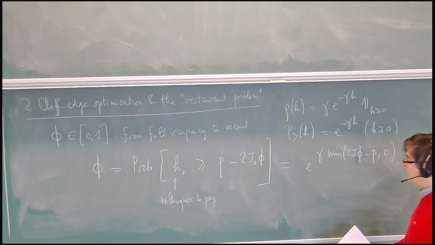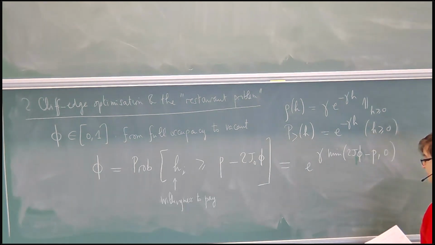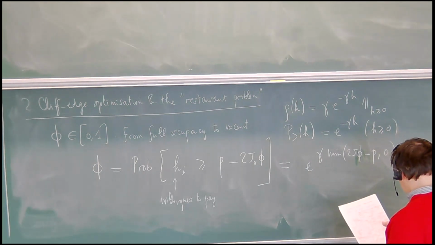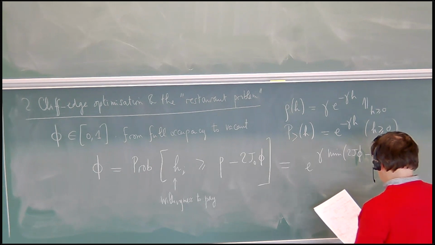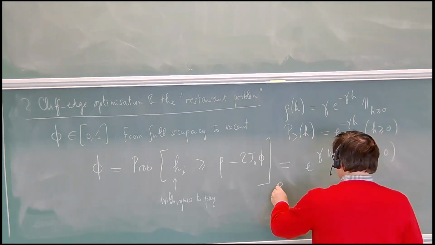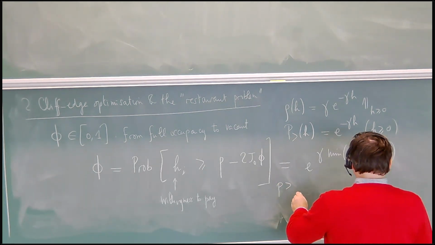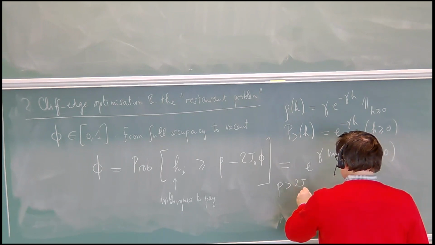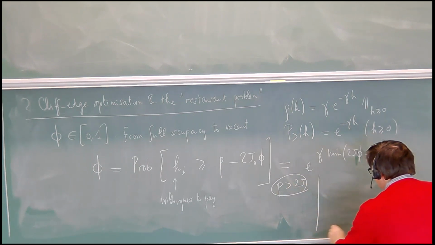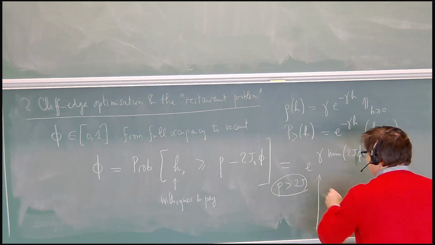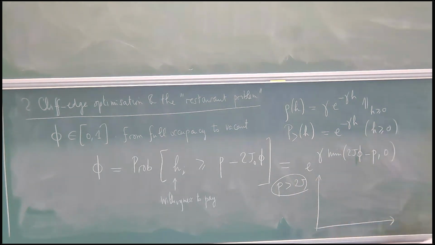So again, the best is to draw a little graph. First thing, I'm going to assume that P is greater than 2J in the first graph that I'm going to draw here, and then I'll use another graph to draw what's going on in the other case.